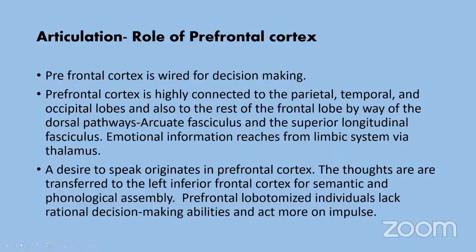So a desire to speak originates in the prefrontal cortex. The thoughts are referred to the left inferior frontal cortex for semantic and phonological assembly. Prefrontal lobotomized individuals lack rational decision-making abilities and act more on impulse. That is an important function of the prefrontal cortex.